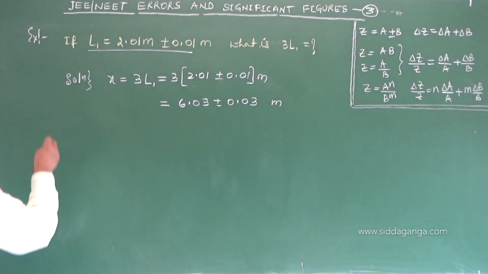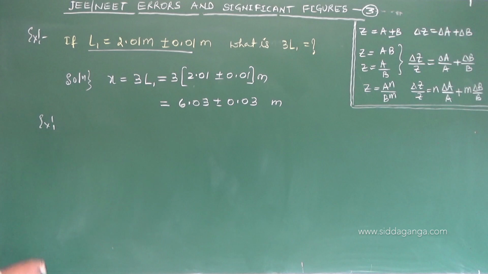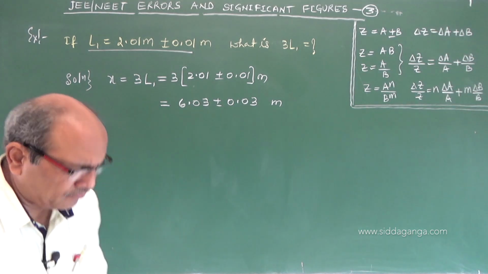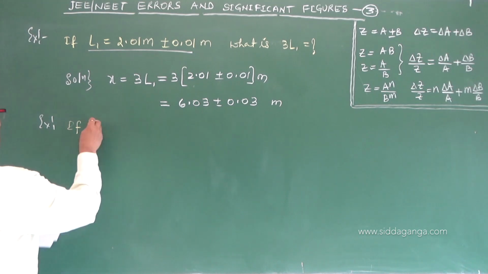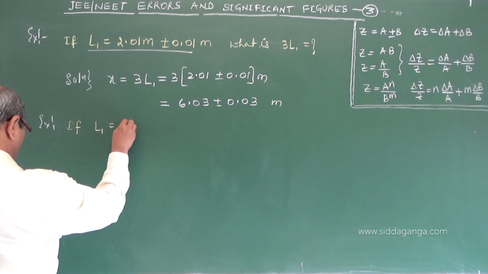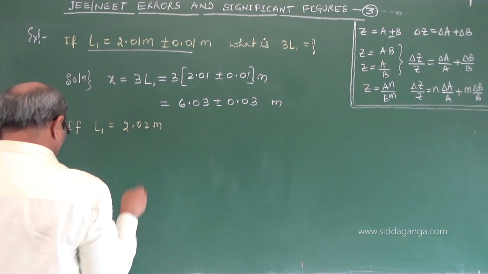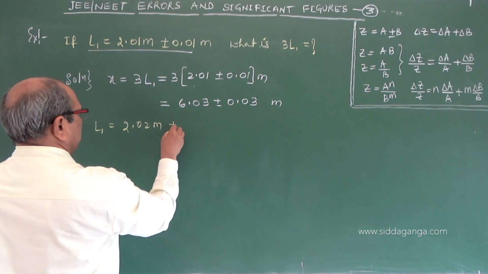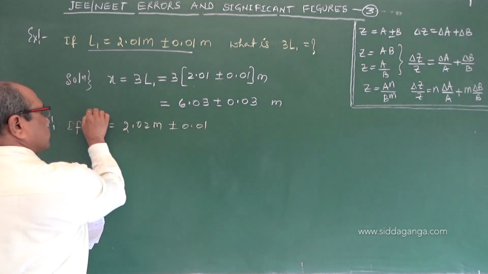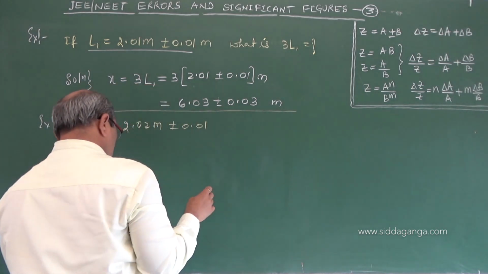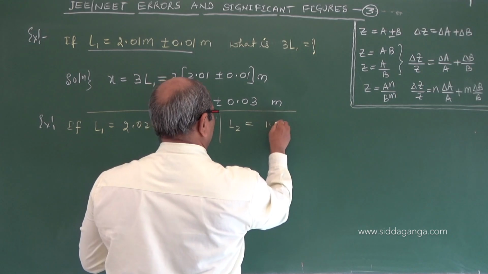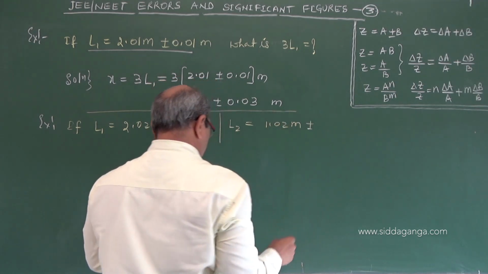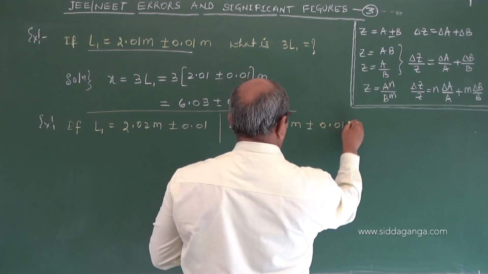So next, another example of a similar type. If L1 equal to 2.02 meter plus or minus 0.01, and L2 equal to 1.02 meter plus or minus 0.01 meter.